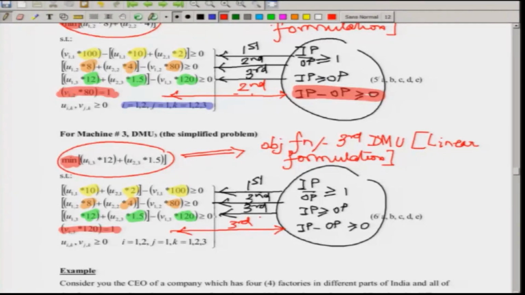And obviously u and v are the weights, and the coloring scheme remains the same, which is i is equal to 1, 2, j is equal to 1 and k is equal to 1, 2, 3.